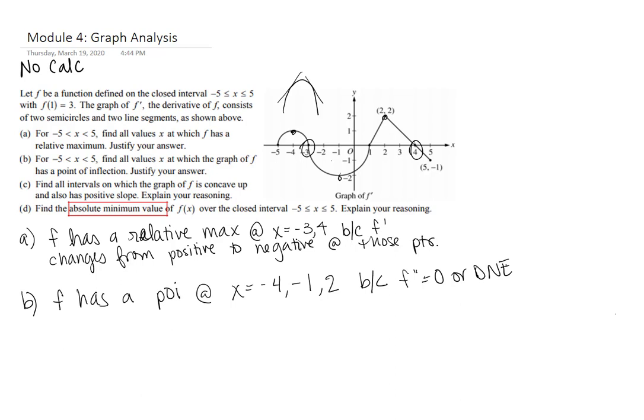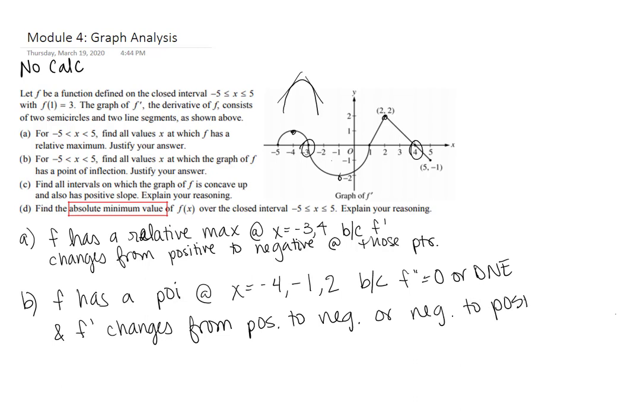That slope equals 0 or does not exist. And then we also need to say and f prime changes from positive to negative or negative to positive.